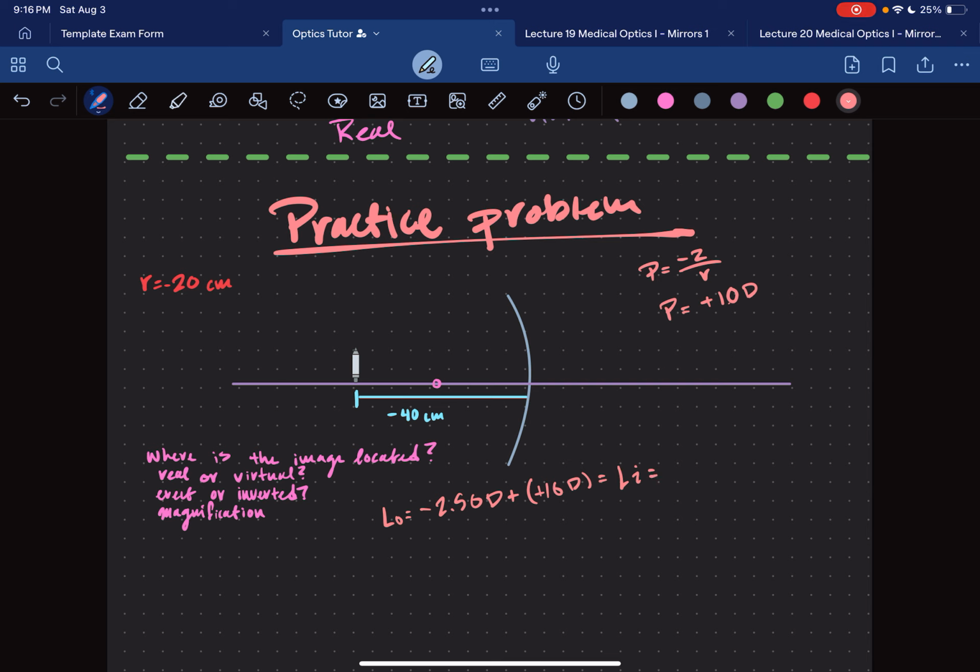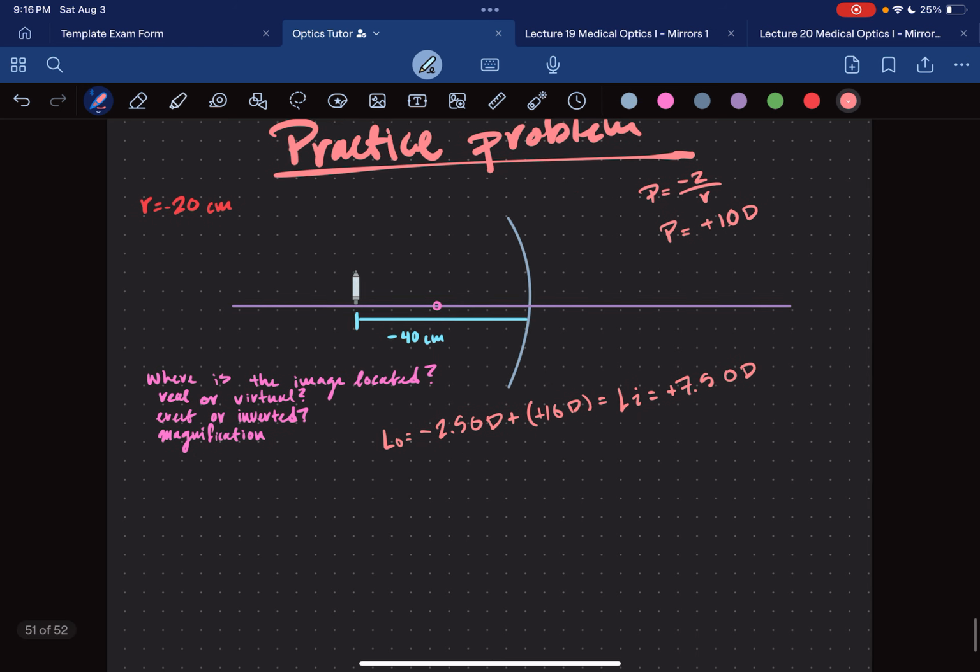So the image divergence is going to be positive 7.5 diopters. Now to find the image location, there's a couple ways you can think about this. Dr. Pratt said to always think about which direction the light's going.